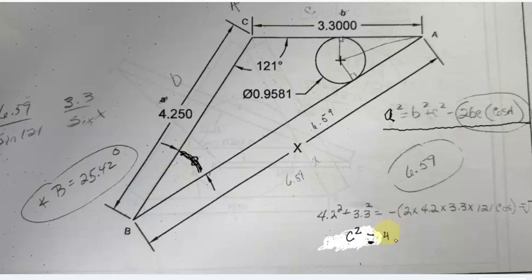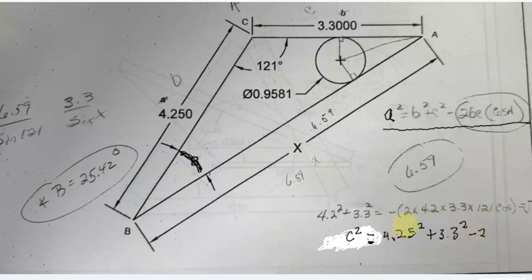Boy, my computer has just all of a sudden started to go super slow here. 4.25 squared plus this other side of 3.3 squared. Let me wait for it to pop up here. 3.3 squared minus 2.